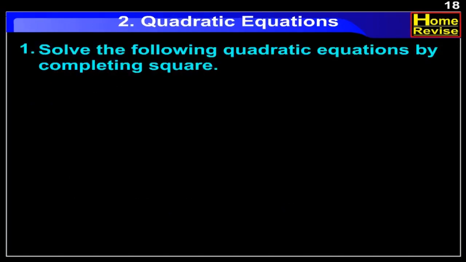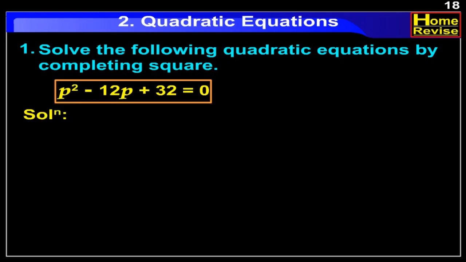Solve the following quadratic equations by completing square. p square minus 12p plus 32 is equal to 0. Solution. The given equation is p square minus 12p plus 32 is equal to 0.